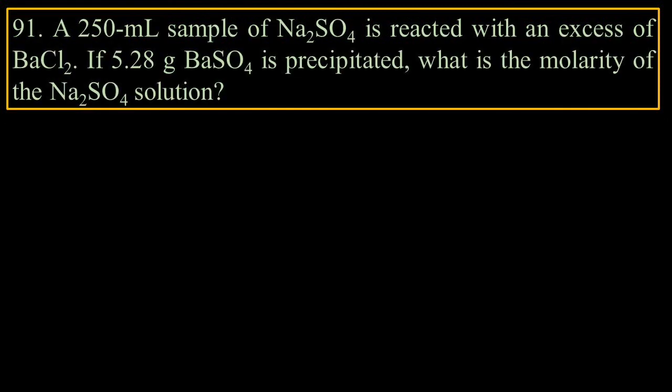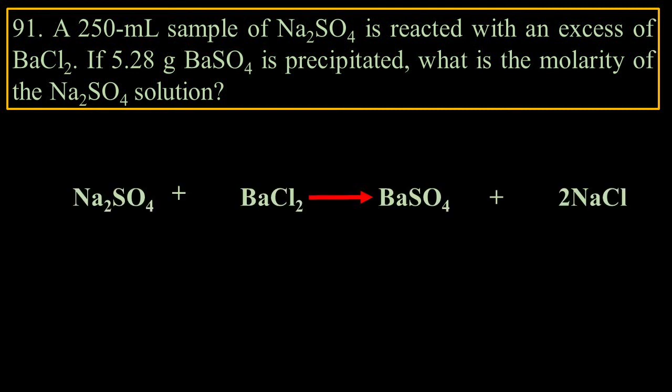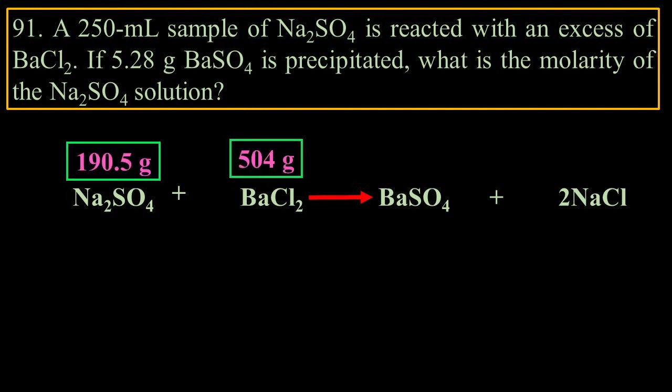Next, a 250 milliliter sample of sodium sulfate is reacted with an excess of barium chloride. If 5.28 grams of barium sulfate is precipitated, what is the molarity of the sodium sulfate solution? There's the equation, the balanced equation. There's the stoichiometric masses.